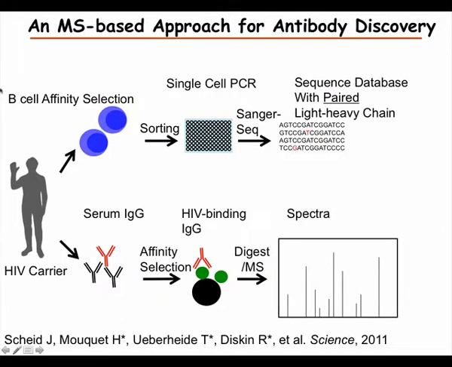And so there were two steps to this. First, high affinity B cells, memory B cells, were selected and then sequenced to make a database of the antibody repertoire of this individual. And then the other step is to take the serum, select the high affinity circulating antibodies and measure those by mass spectrometry.